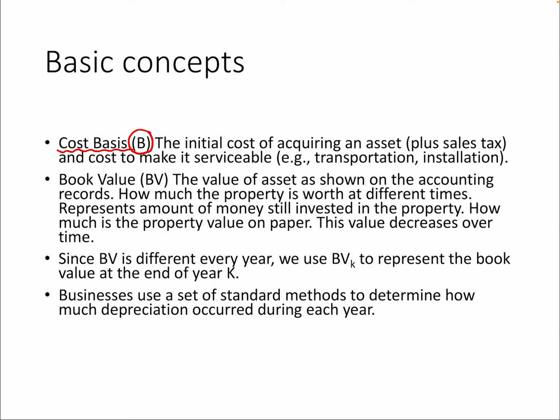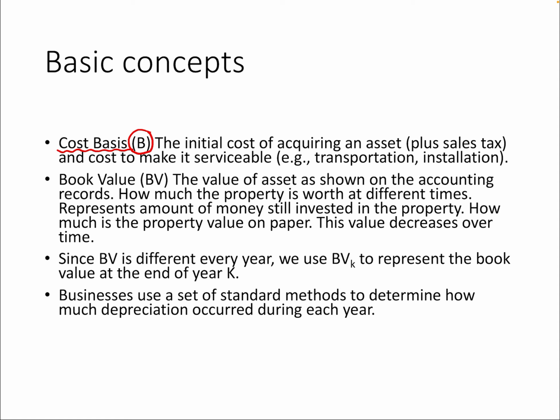So you need to purchase an asset to make your business running. And the purchase price, the initial cost, should be the price plus the sales tax. Also you need to add any cost related to transportation, installation, whatever service needed to make all the assets run.